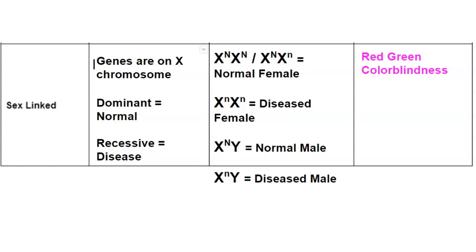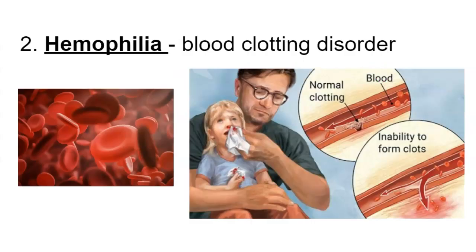Another example, hemophilia. Hemophilia is a blood clotting disorder. Whenever you get a cut, your blood eventually stops bleeding, and you get a scab. Somebody with hemophilia, that scab doesn't work. It doesn't make a scab, and so you just keep bleeding and bleeding.